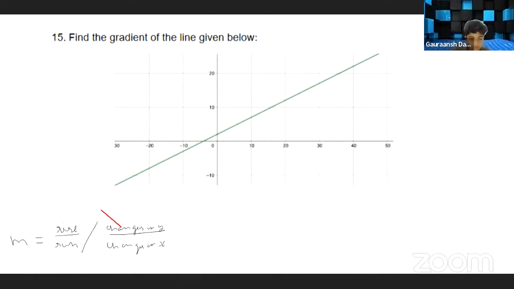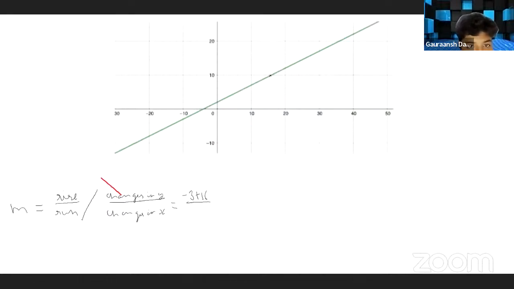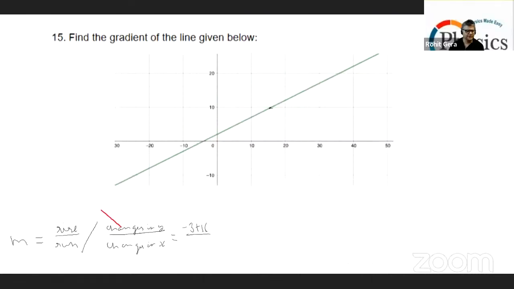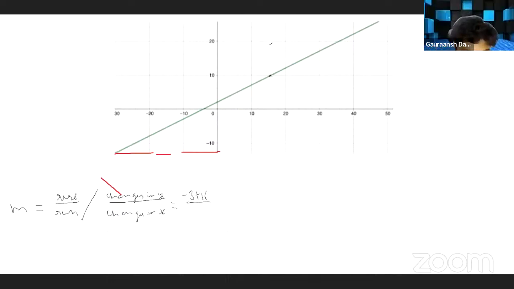So changes: -3 plus 16. Where did this come from? I took two points. And 16, where did that come from?